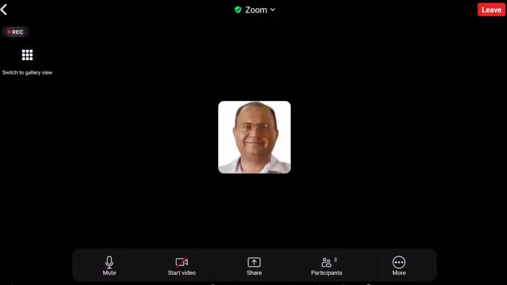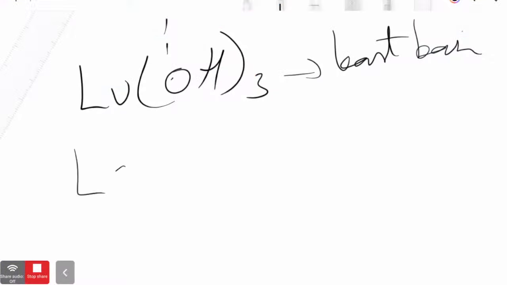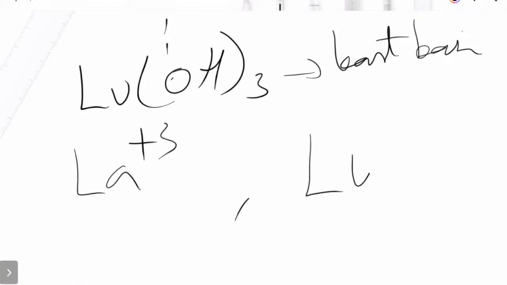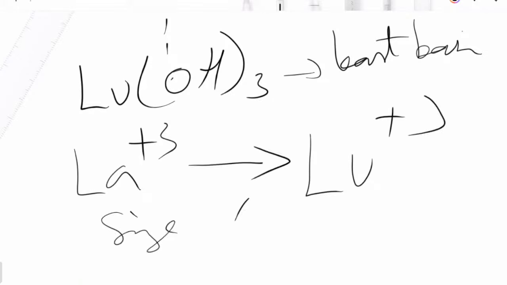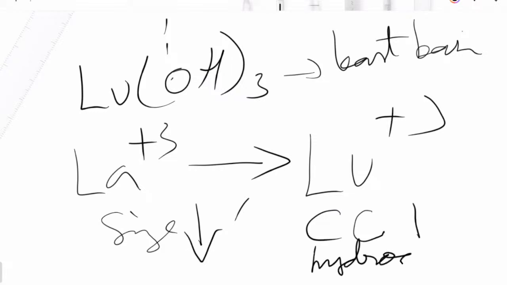Okay, and one more thing about the lanthanoid series is that from La3+ to Lu3+, the size decreases, and the covalent character of the hydroxides will increase.